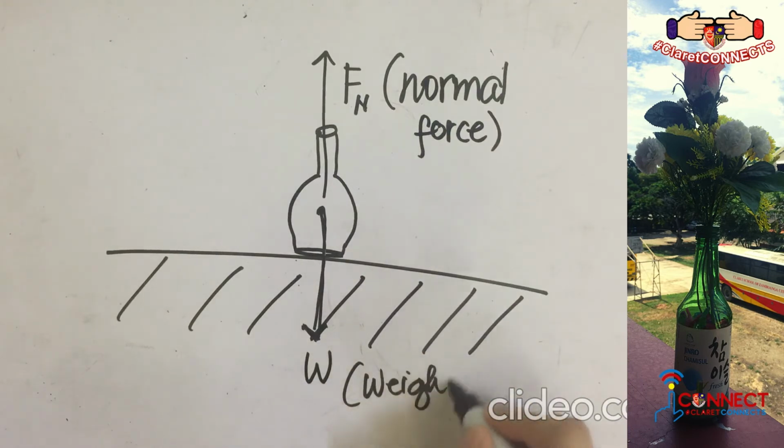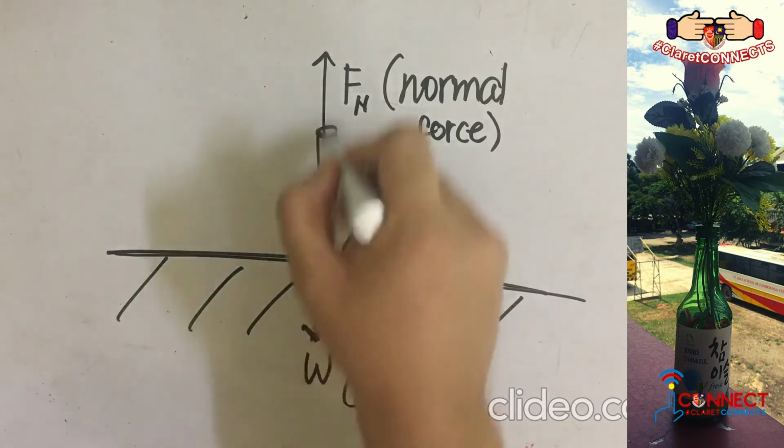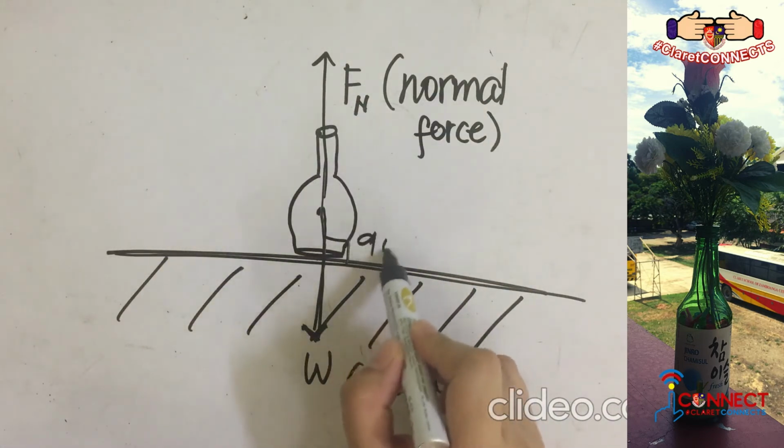The difference between the weight and the normal force is that the normal force is the force acting on the object that is perpendicular to the surface. Why is it called perpendicular? Because at the surface of the object, the force intersects the surface, forming a 90-degree angle.